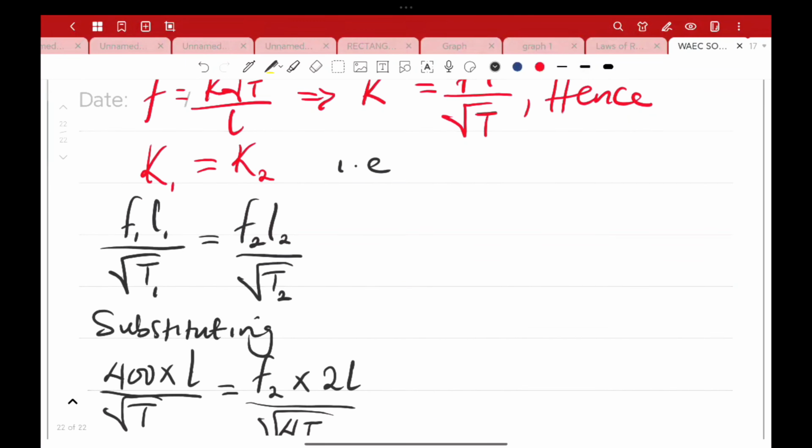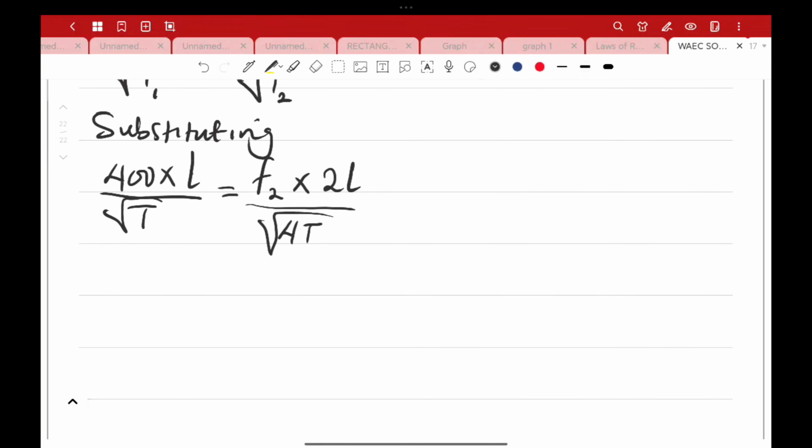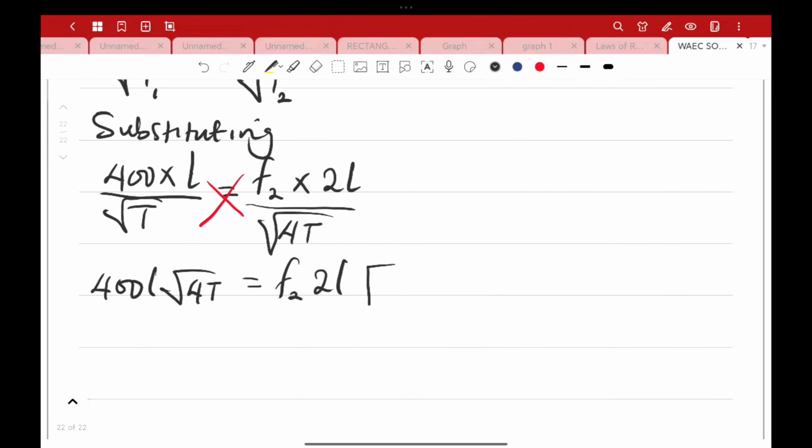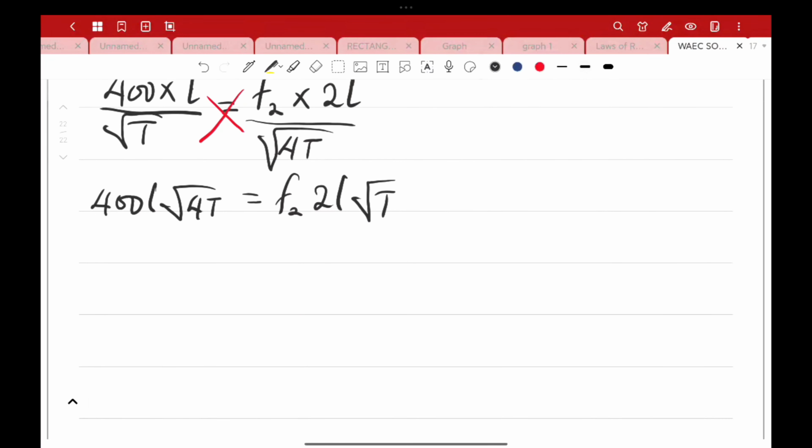So solving this further now by cross multiplying, we'll have 400L multiplied by square root of 4T is equal to F2 times 2L multiplied by the square root of T. Is that clear? Now, here, we're going to be dividing through by 2L multiplied by the square root of T, so that F2 will be made the subject of the formula.